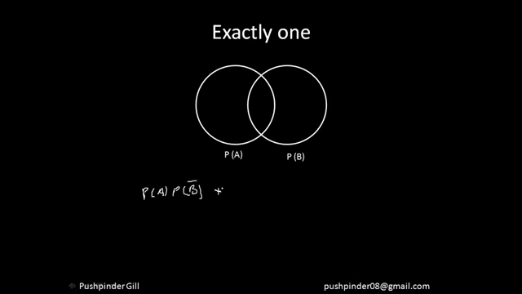And if B happens, A should not happen. End of story. This is your probability that exactly one of the events happens, right? So you just calculate the probability of A happening multiplied with the probability of B not happening plus whatever is there ahead, right? So I hope everyone is understanding how simple it is becoming. You just understand the question and the answer is there in front of you.